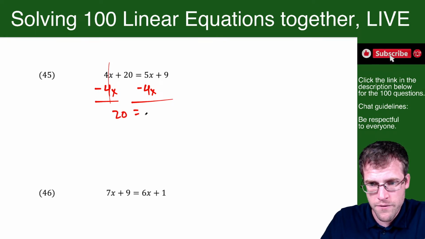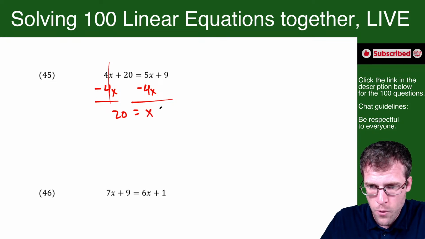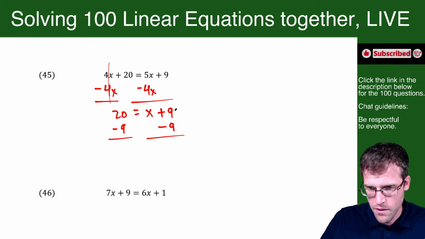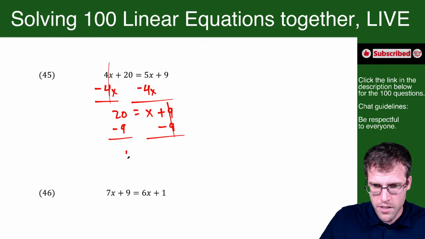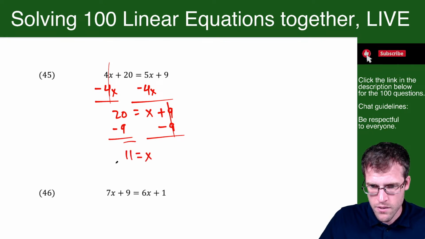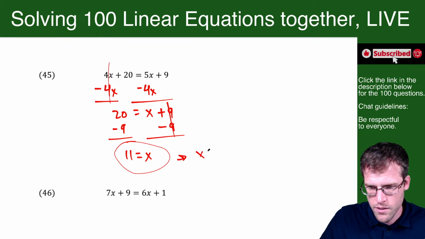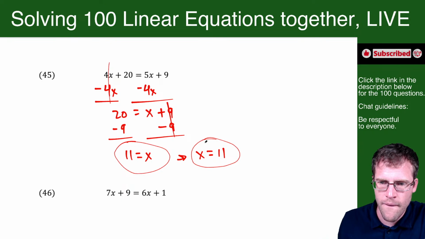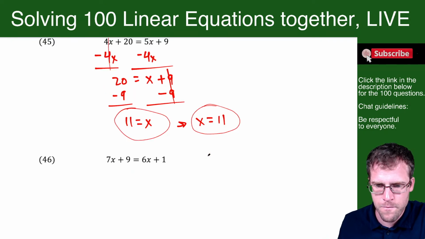And now 5x minus 4x is 1x, or just x, and then plus 9. Now minus 9 on both sides, we'll get x by itself. And 20 minus 9 is 11, and that is equal to x. If you want to say it this way, x equals 11, you can. It's more traditional to put the variable on the left.